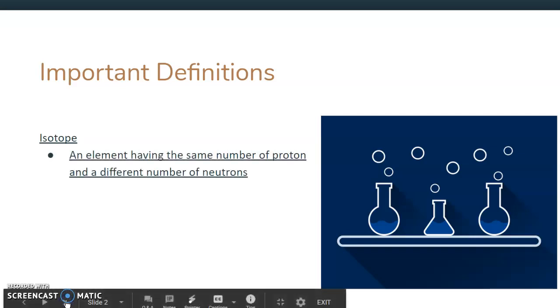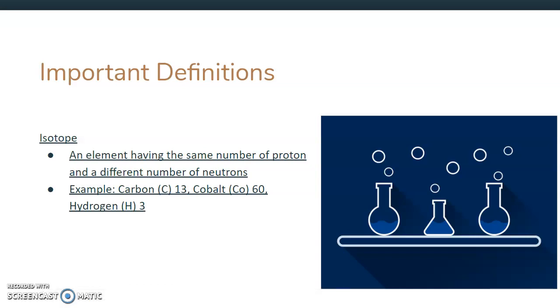We have an isotope, which is an element having the same number of protons and a different number of neutrons. Some great examples are carbon 13, cobalt 60, and hydrogen 3.